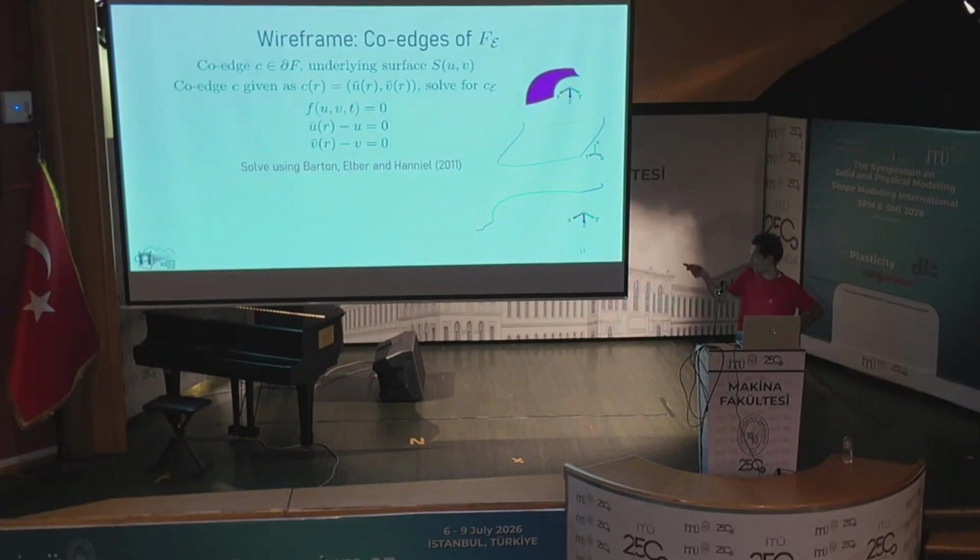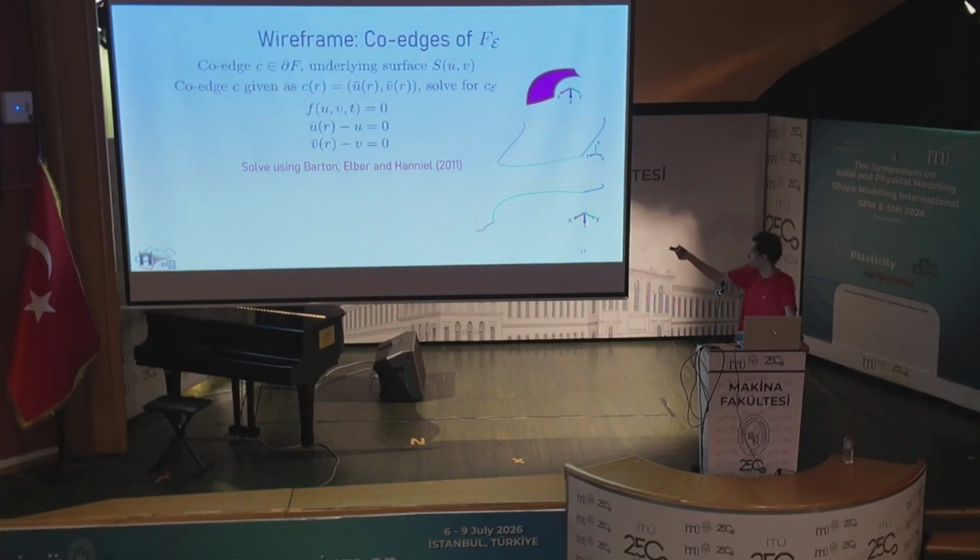And it is through this that our algorithm gives guarantees of topological correctness and numerical precision. So in this example, you see this magenta face is bound by four co-edges, and they gave rise to these four co-edges, which are shown in a color-coded manner in the UVT space and also in the XYZ space.